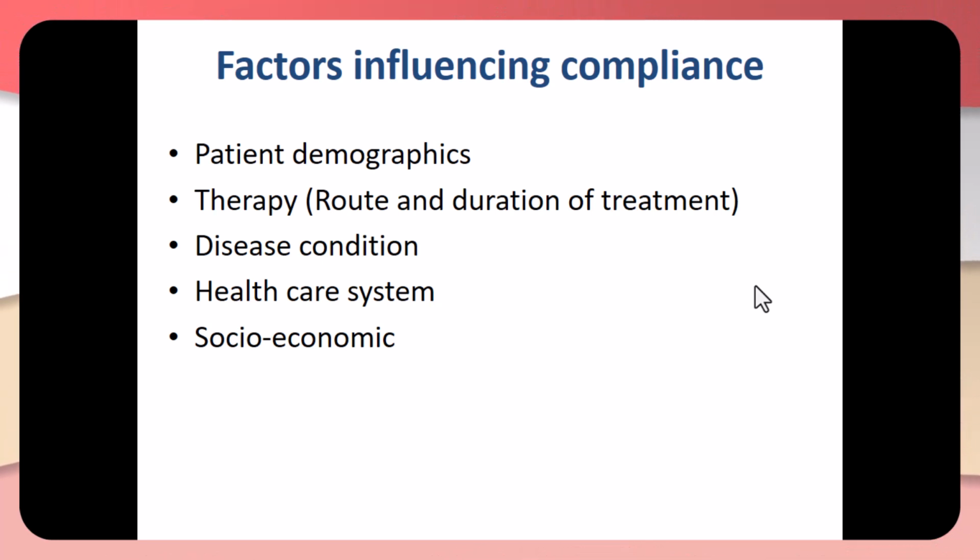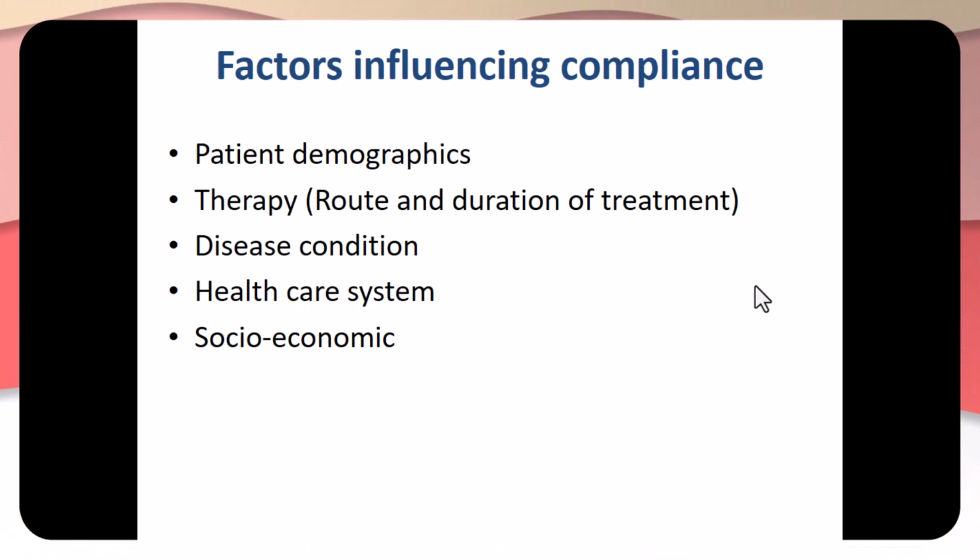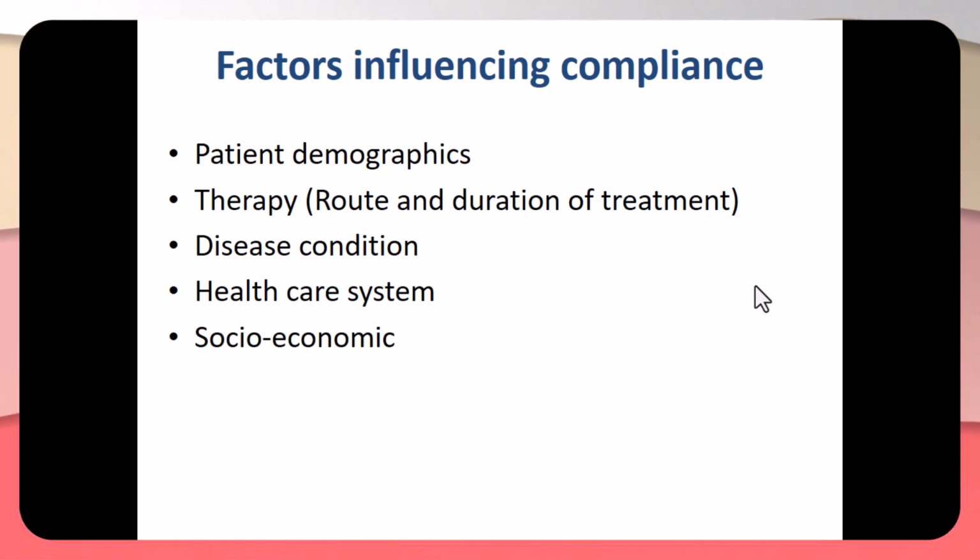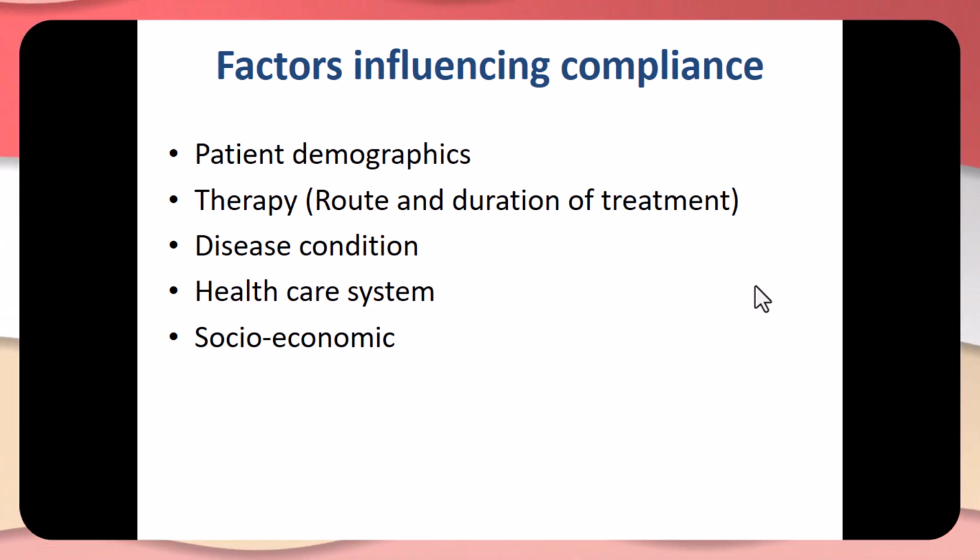So what are the factors influencing compliance? We have patient demographics, which can influence therapy; the route and the duration of treatment can also influence. Okay, if it is taking a smaller time, the patient can comply to that treatment.